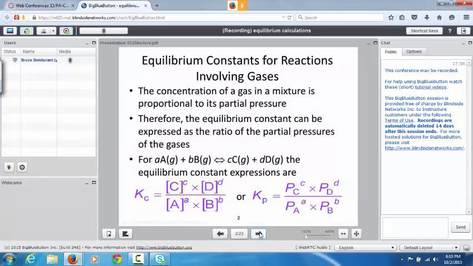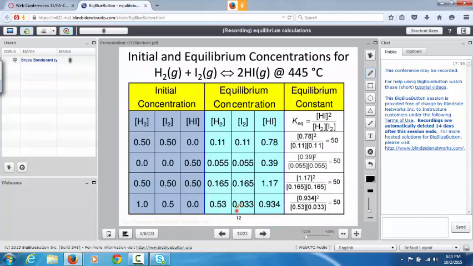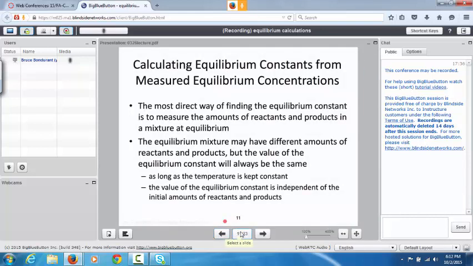We look at initial concentrations and then equilibrium, and basically use stoichiometry to show what is made and what is consumed, and then you can calculate from that an equilibrium concentration, and from that you can calculate the equilibrium constant. This is really what we did in the lab, so this is really the direct way of calculating the equilibrium constant.